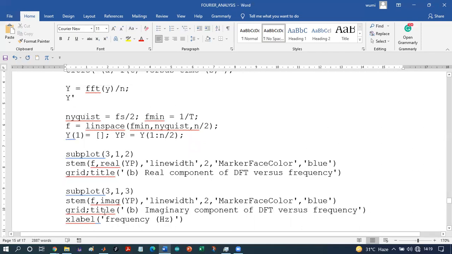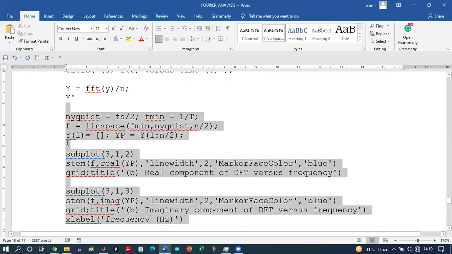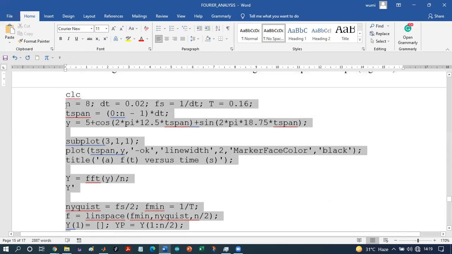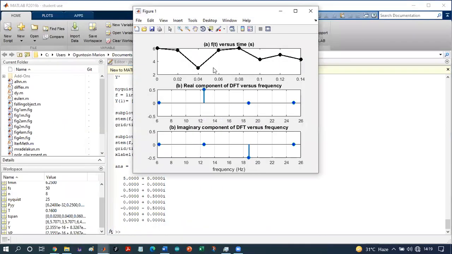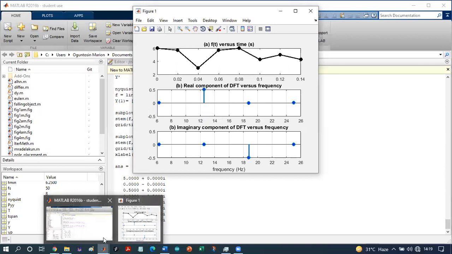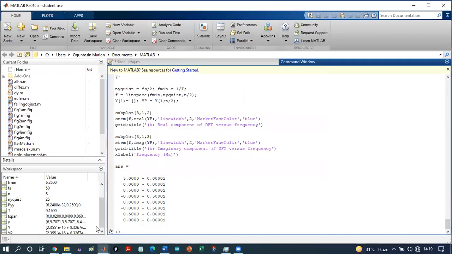So when you eventually plot it, it's going to show the real components of DFT versus frequency, and the imaginary component of DFT versus frequency. The title is important for you to actually know, so you should be able to do the two.